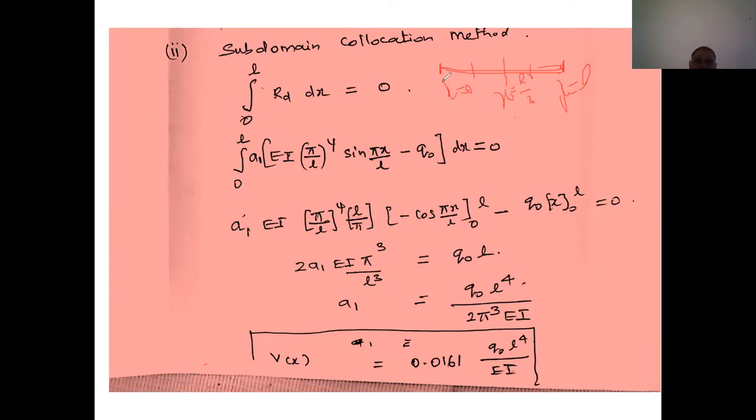So here, in case you divide the entire domain into 4, you will get x is equal to 0 to L by 4, L by 4 to L by 2, L by 2 to 3L by 4, and 3L by 4 to L. Okay.